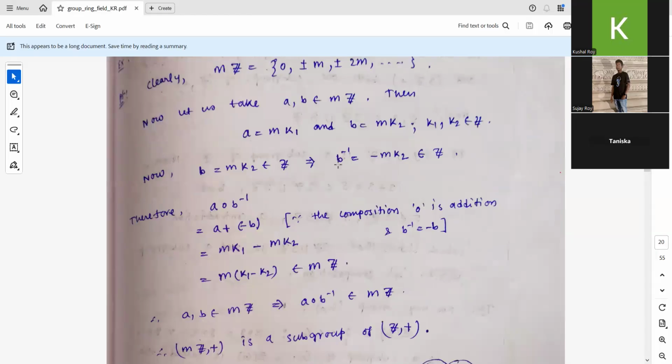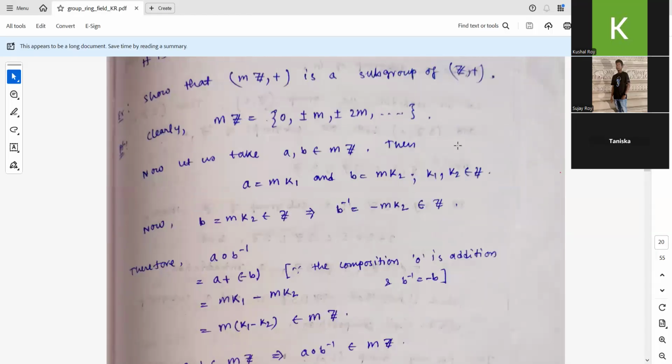So with respect to addition, the inverse of an element means the negative of that element. So the inverse of A in Z is minus A. Therefore B is MK2, that means B inverse is equal to minus MK2.